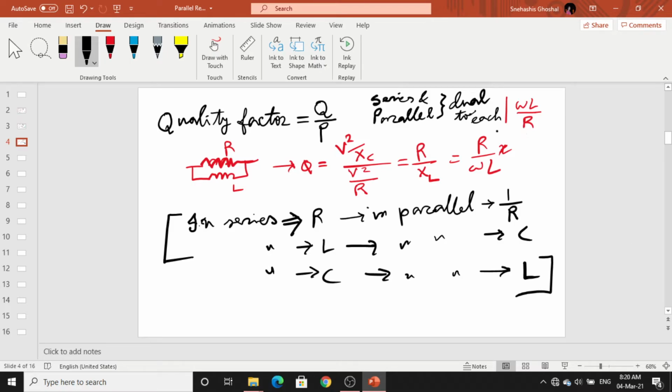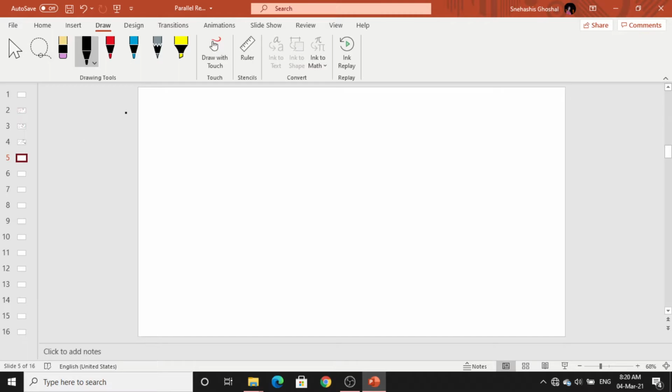Just like in RL series circuit, if you go to the notes, you will see that the quality factor was omega L by R. Now this will be represented here as R by omega L, just the reverse thing. Okay, R by omega L. On a similar note, this is RC.